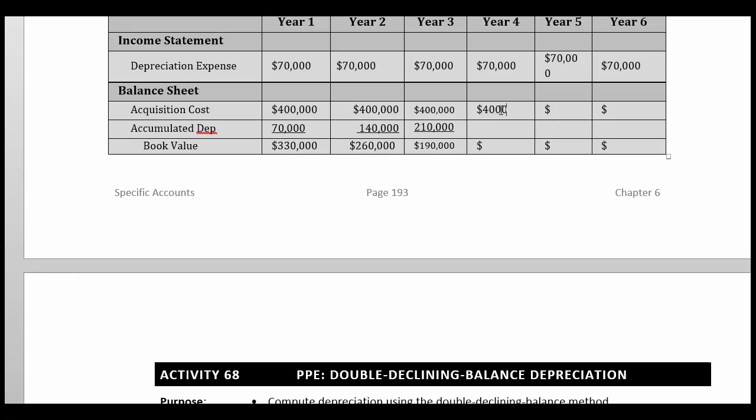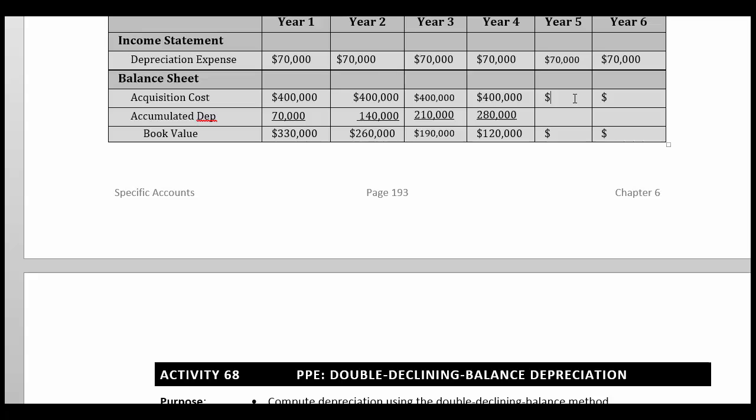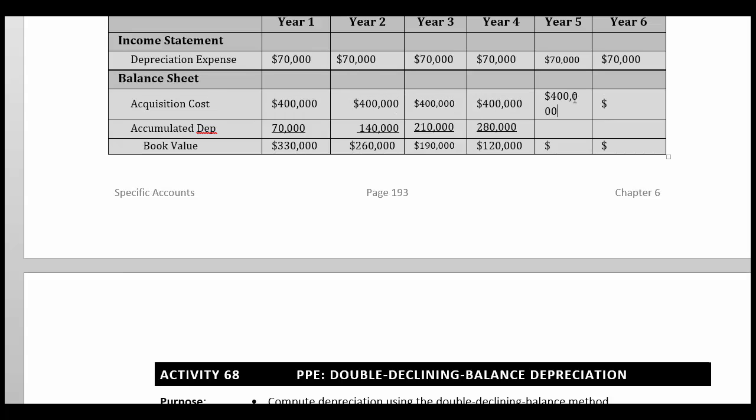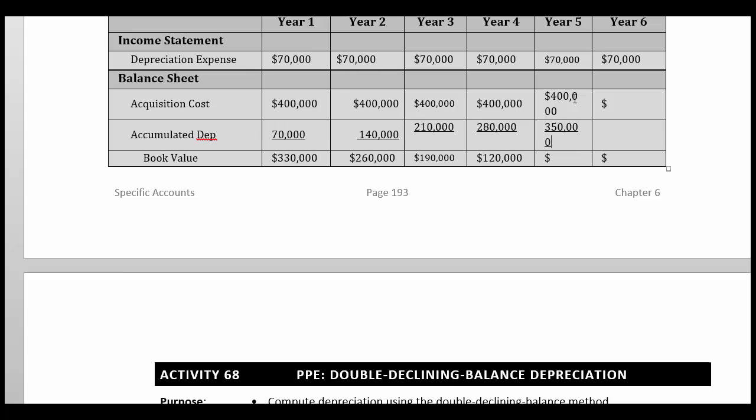Year 4, 400,000 minus 280, right? 210 plus 70,000 is 280, would give you 120,000. Year 5, 400,000 minus 350 is 50,000.